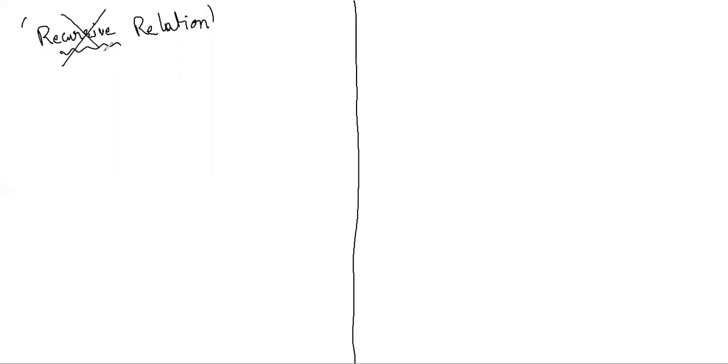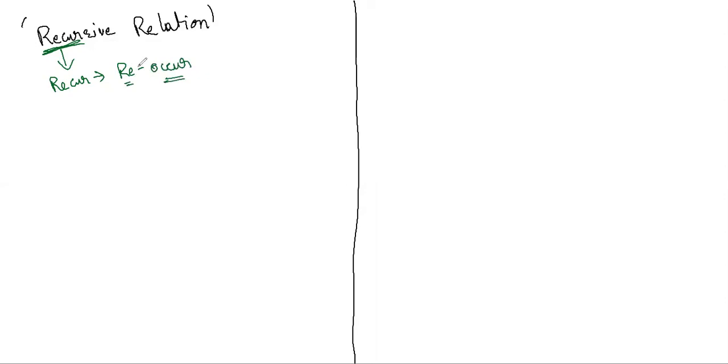Recursive relation has nothing to do with cursive handwriting. Recursive has more to do with the word recur. What do you mean by recur? Repeat. Recur is nothing but reoccur, so something that is occurring again and again is called recur.